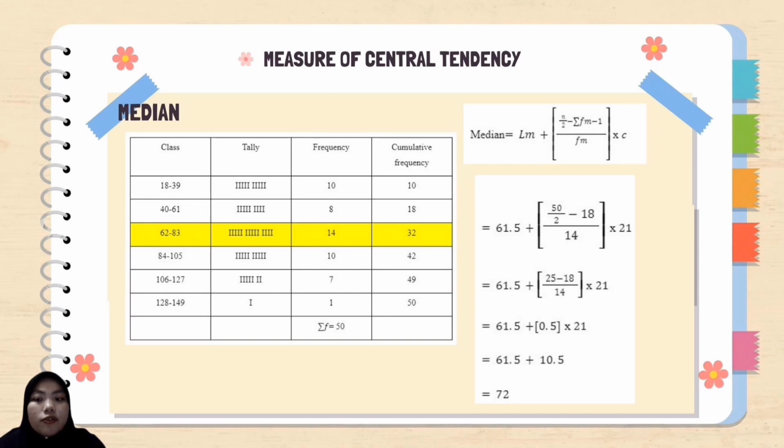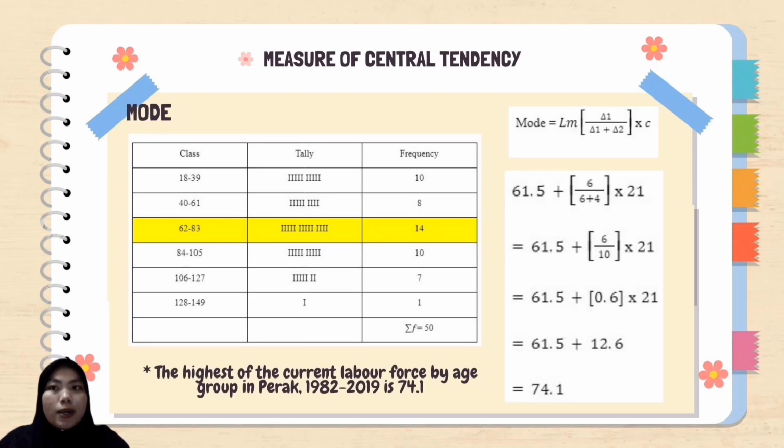The median of the labor force by age group in Perak from 1982 until 2019 was approximately 72. Last but not least is mode. It only has 2 columns, which are class and frequency. So the frequency data that we get from the data arrangement before, we put in the column.